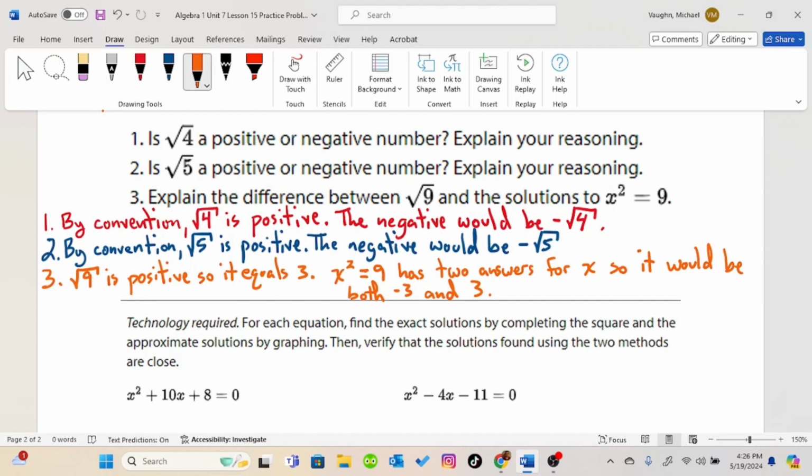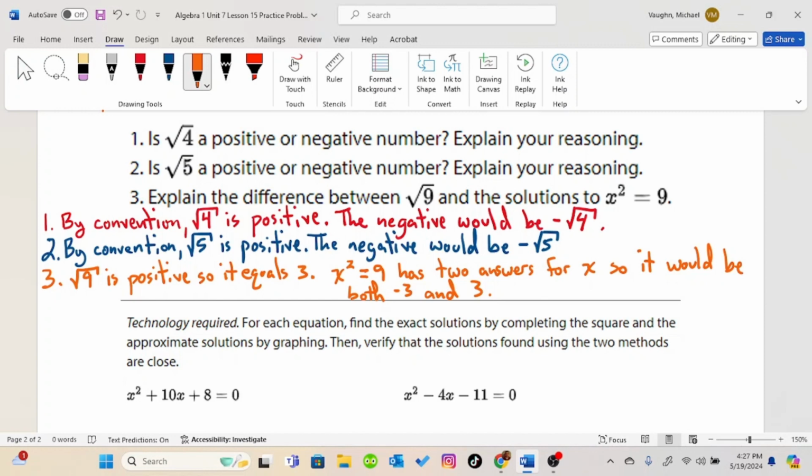But if we are saying the square root symbol with a number under it, we conventionally think of that as being the positive root. If we want the negative root, then we would say negative square root of that number. And if we want both of them, we would put the plus minus in front of the square root symbol so that we get both of them.